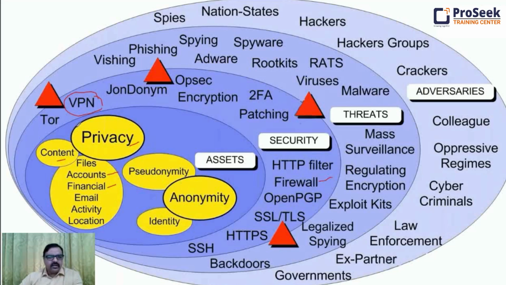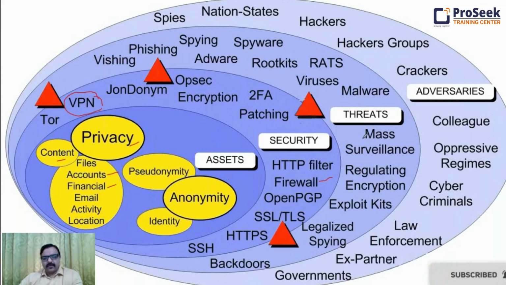All your data will be encrypted before it leaves your PC, and it will be decrypted by the time it arrives at the firewall or a VPN server at your office network. So if there is a hacker in between, he will not be able to understand what it is. So this second circle is your security control. These are the measures which you take to protect your assets.